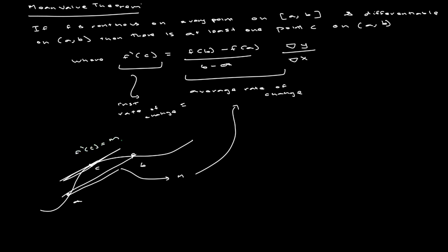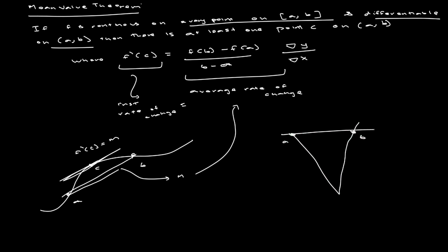And it's very important for us to have the fact that f is continuous and differentiable on these intervals, because imagine if we have something like the absolute value function, right? And if we were to find the average rate of change between this point B and this point A, we'd get this horizontal line, and m is equal to 0.